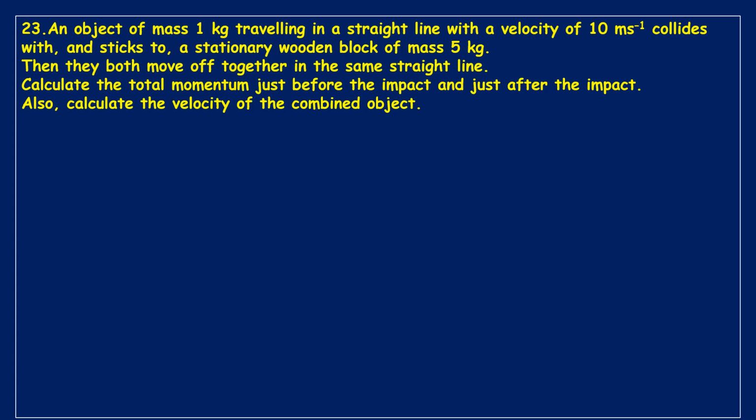Now, calculate the total momentum just before the impact and just after the impact. That means we have to calculate the total momentum just as the object collides with the stationary wooden block and immediately after the collision, and also calculate the velocity of the combined object.